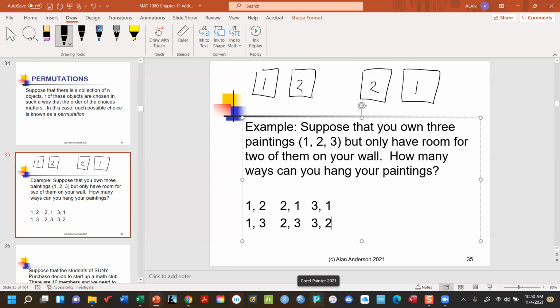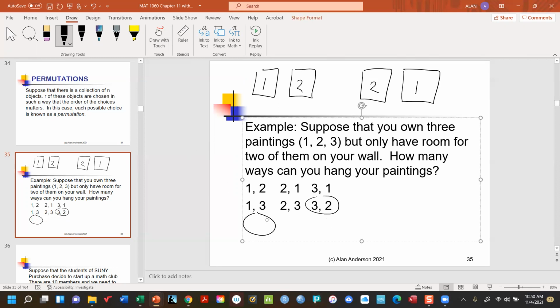And again, if you notice, I'm treating these as different choices, even though they're the same paintings. So in other words, for each choice that I make, there are 2 different orderings in which I could choose them. So each of these choices is known as a permutation because the order in which I select the paintings is important.